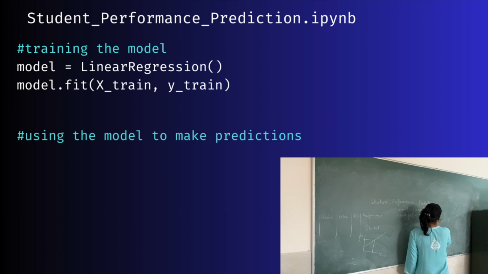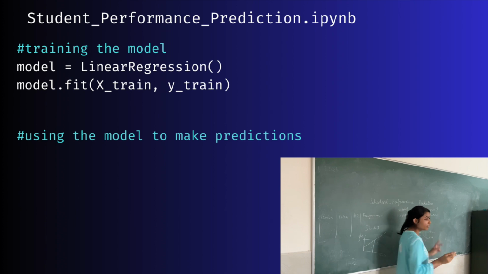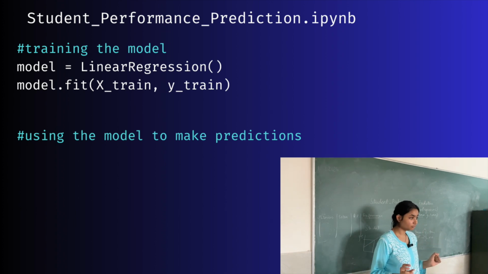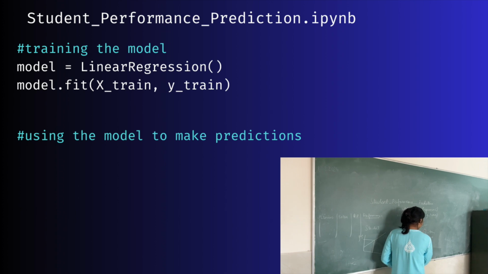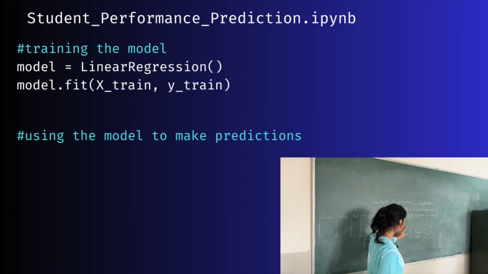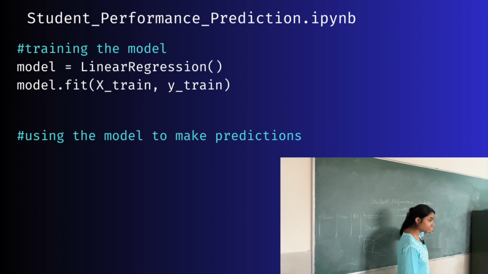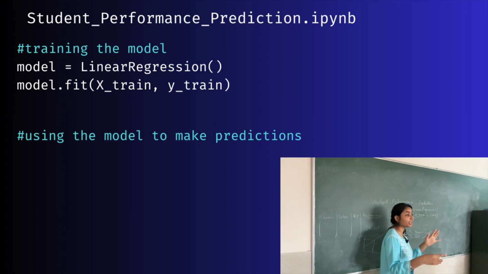Does anyone remember what supervised learning was? Supervised learning is when you give the model some examples of data and also the answers. These are like your questions and these are the answers. First we give the model both so that it can learn.